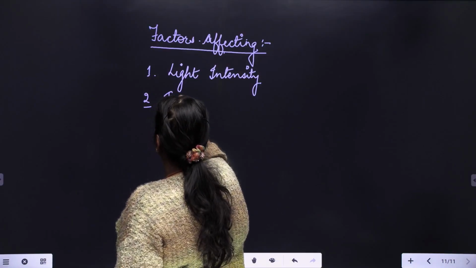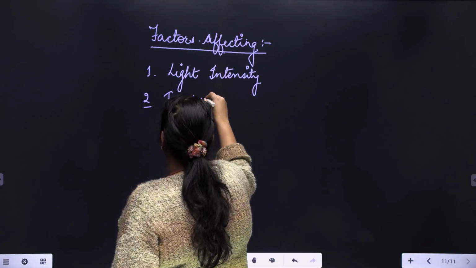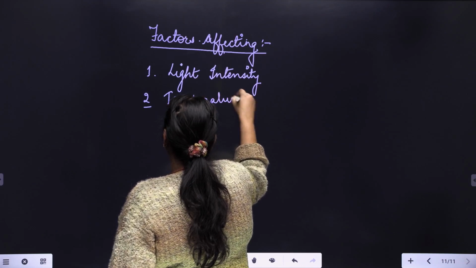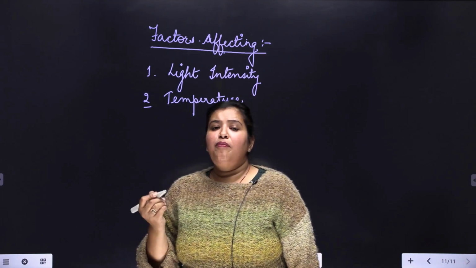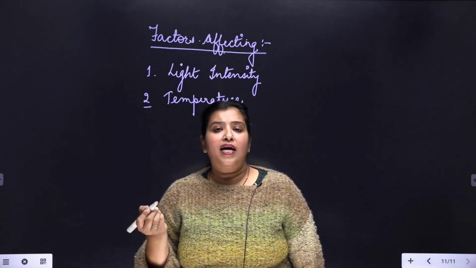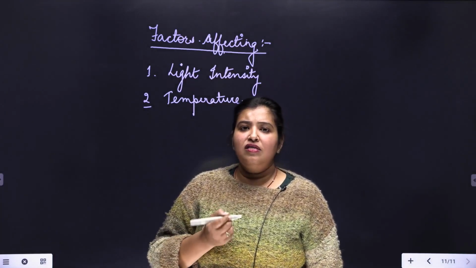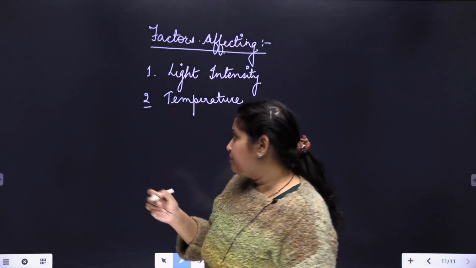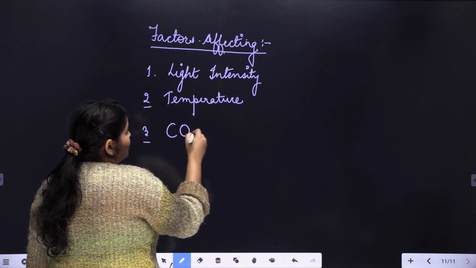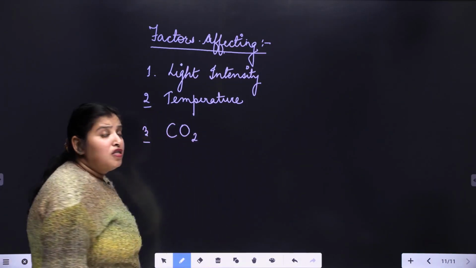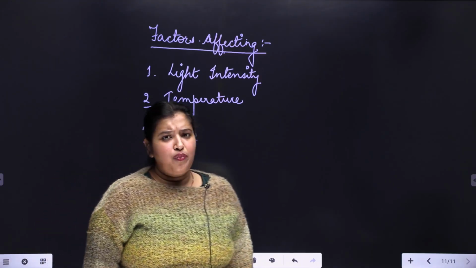Similarly, plants require an optimum temperature at which the rate of photosynthesis has to happen. If the temperature increases beyond that level, the rate of photosynthesis definitely goes down. The third factor which affects is carbon dioxide. The percentage of carbon dioxide is very less, we know.